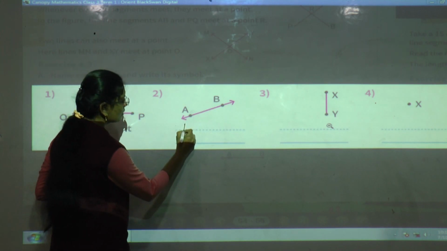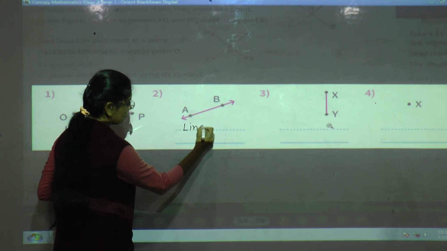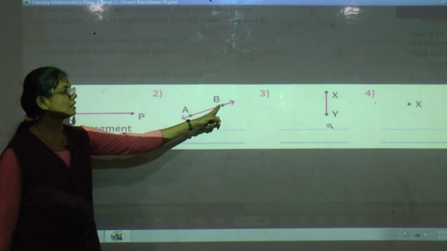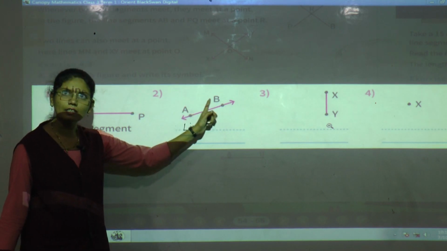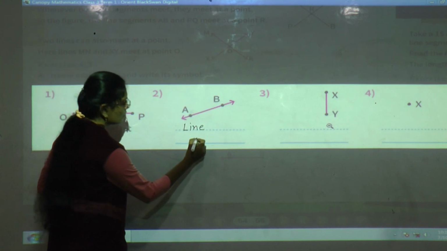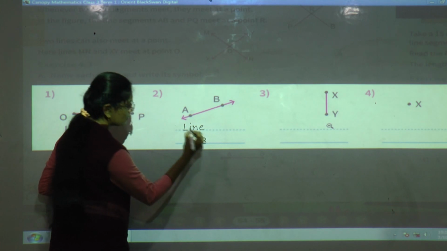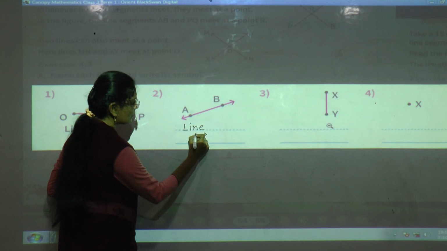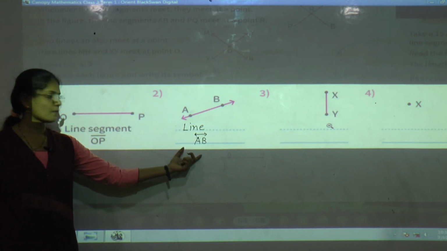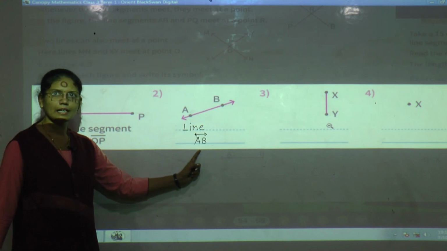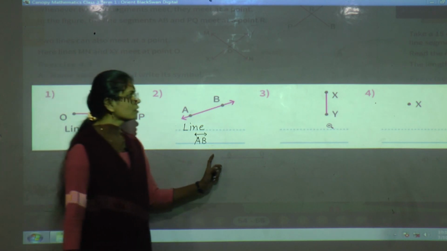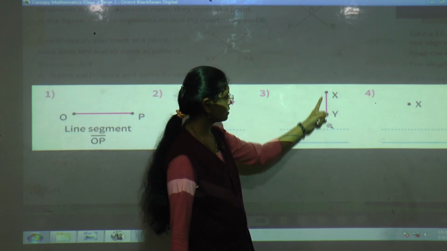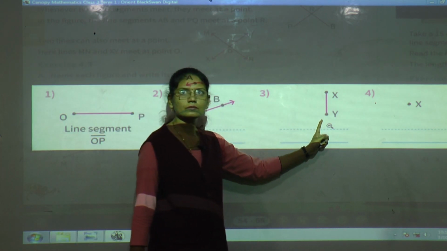So I'll write here line. Now what is the name of the line? Line AB. So how will we write the name of the line? AB, and at the top of the AB we should give its symbol in this way. So line AB. Understood?